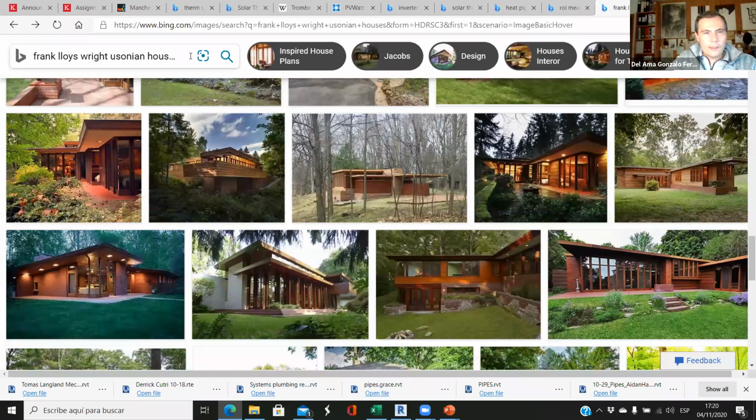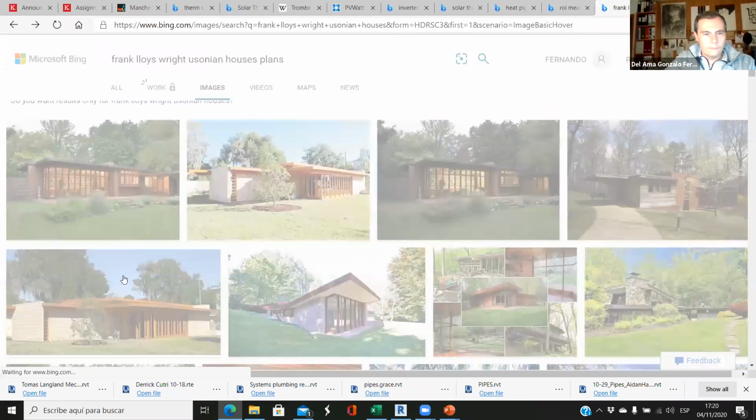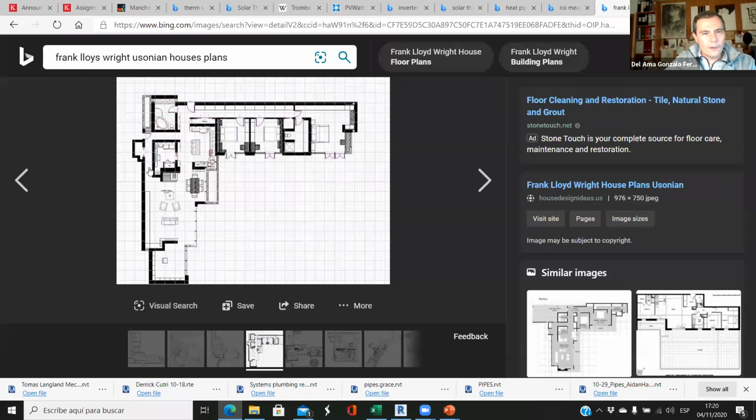But if we look at the plan, we can see that there is always a thick wall with a fireplace, this is the fireplace in the middle of the living room.